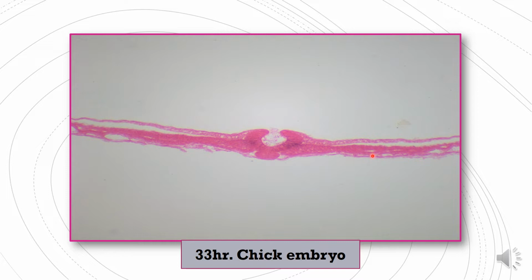This cavity, the intraembryonic cavity, divides the lateral plate of the mesoderm into two layers.